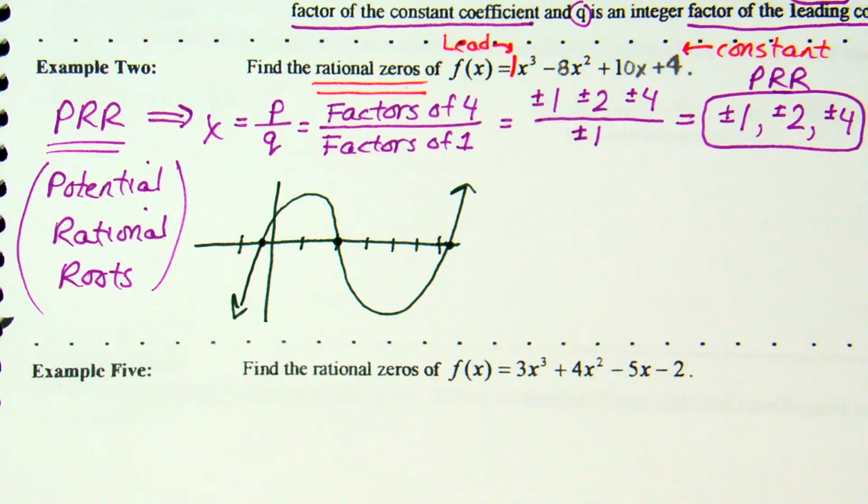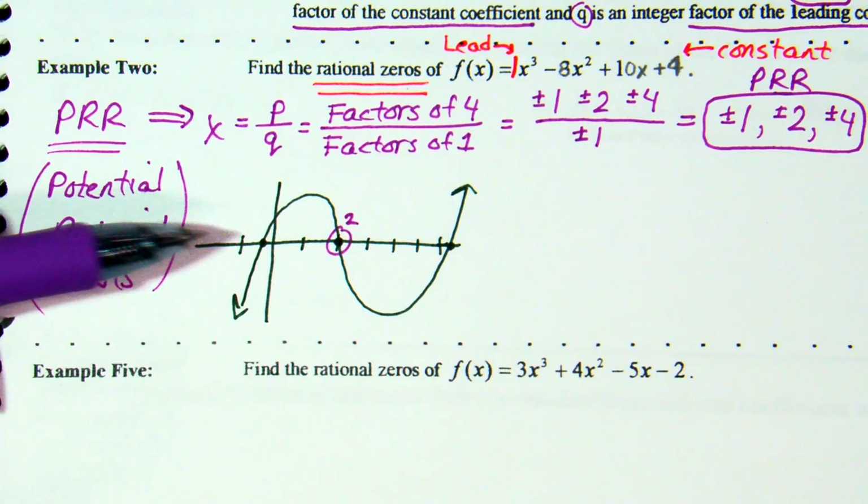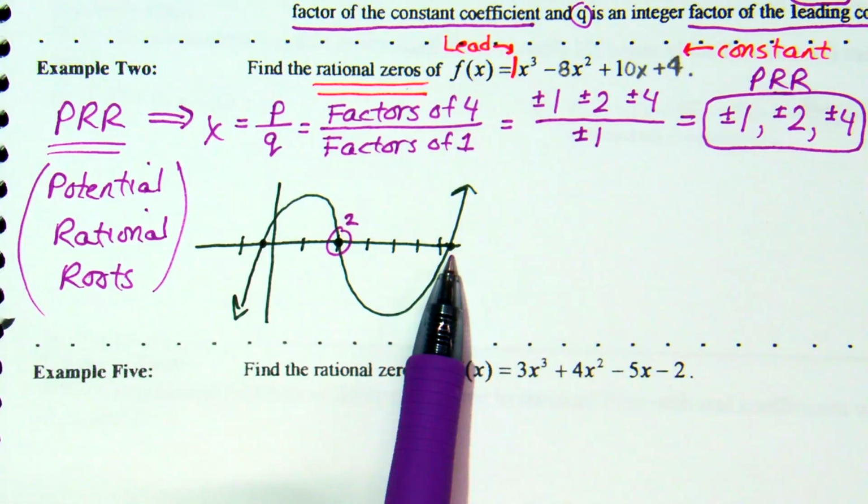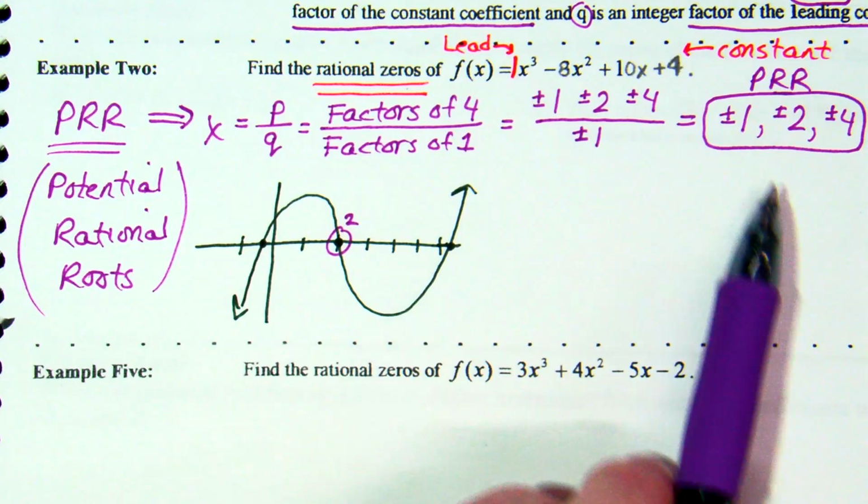Does it look like it probably cuts through 2? Yeah. Does it look like it crosses through negative 1? No, it's something between 0 and negative 1. Does it look like it crosses through 6? Which actually 6 isn't even on our list, is it? No. So these two, because they don't match up with anything in this list, are going to end up being irrationals, and we're not going to have to find them on this one.